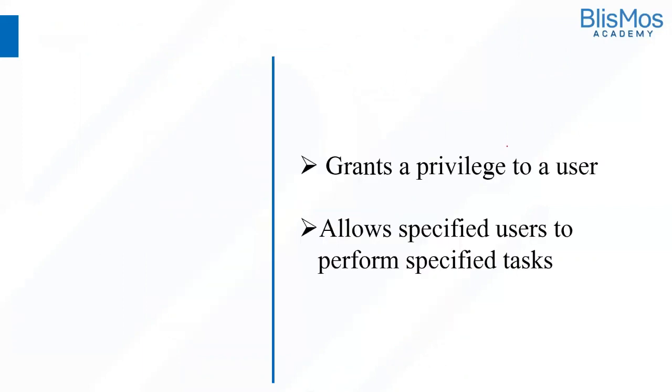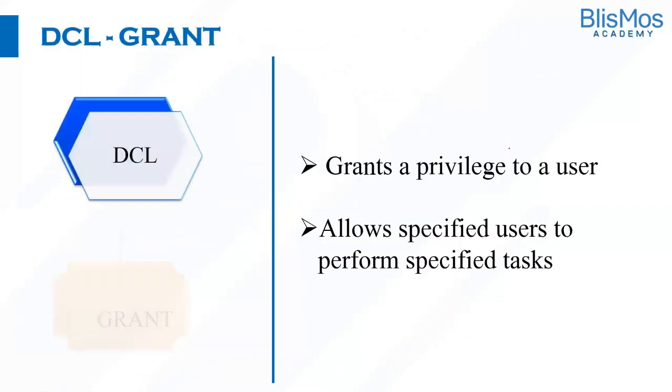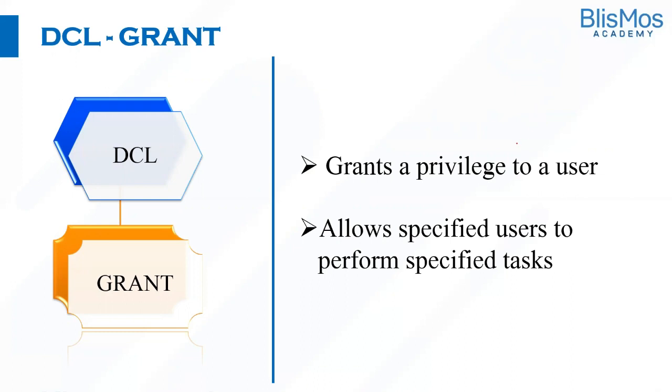What exactly is a grant? Very simple. Through the grant, we will grant a privilege to a user. When we talk about a privilege, we are talking about whether a particular user can access a database or not. Can he create a table or not?